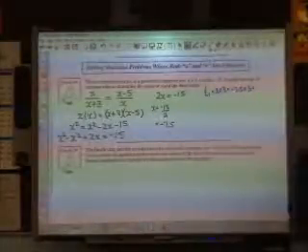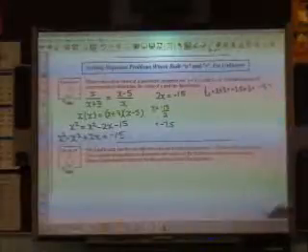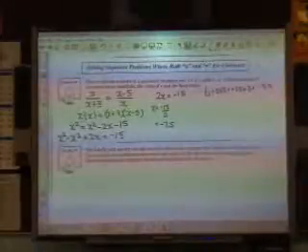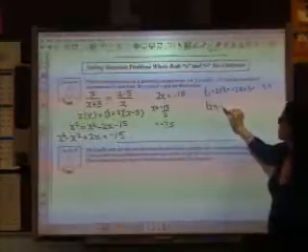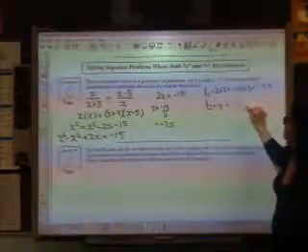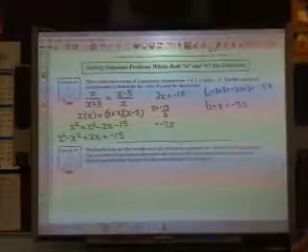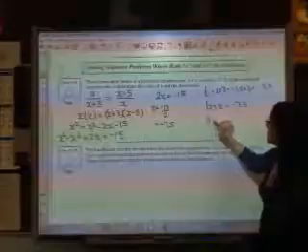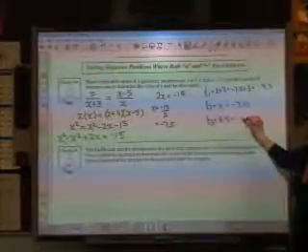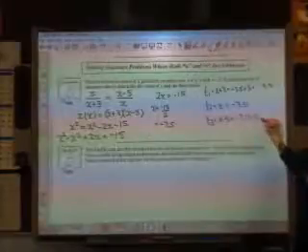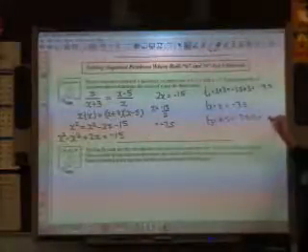So negative 7.5 plus 3 would be negative 4.5. The second term is equal to x, which would be negative 7.5. And the third term is x minus 5. So negative 7.5 minus 5, which equals negative 12.5.